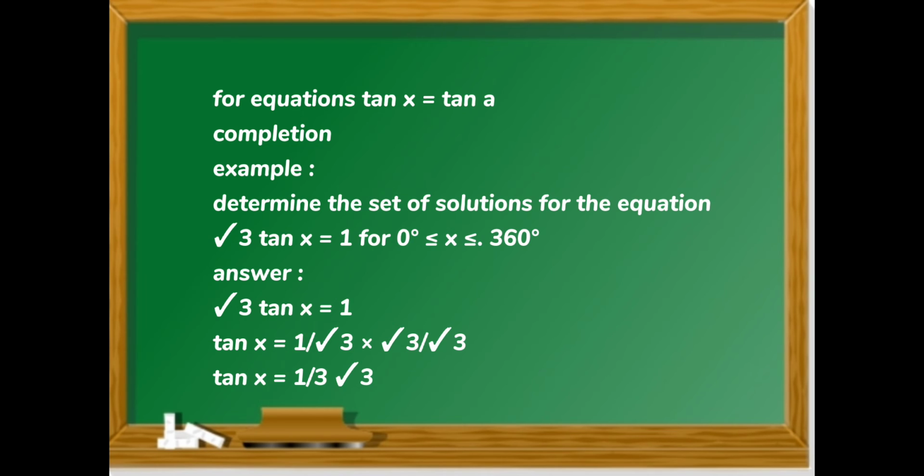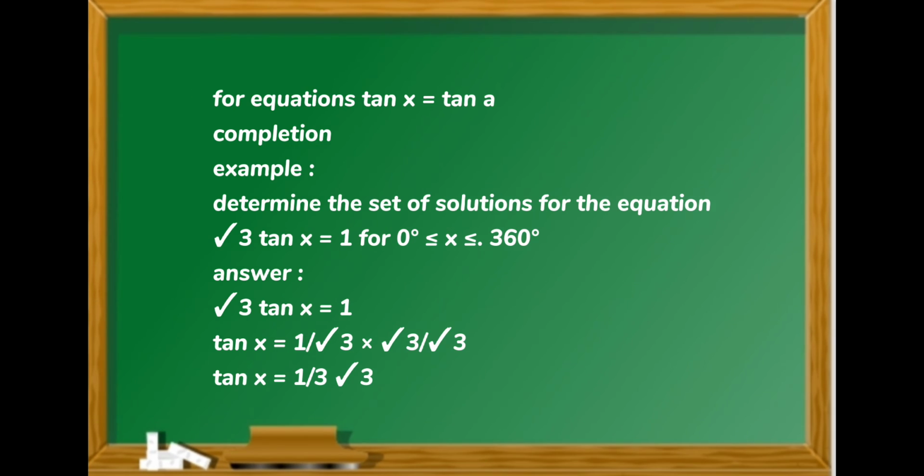180 degrees. We go on to the example. For example, here we are asked to determine the set of solutions for the equation root 3 tan x equals 1 for 0 degrees < x < 360 degrees.